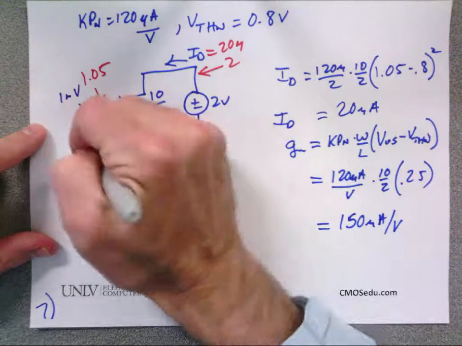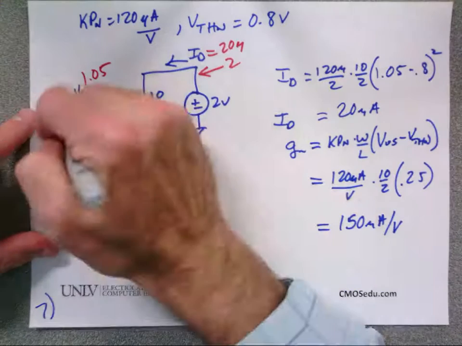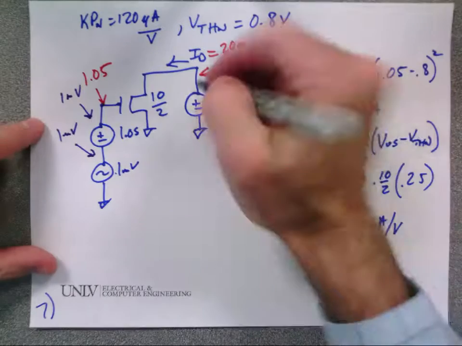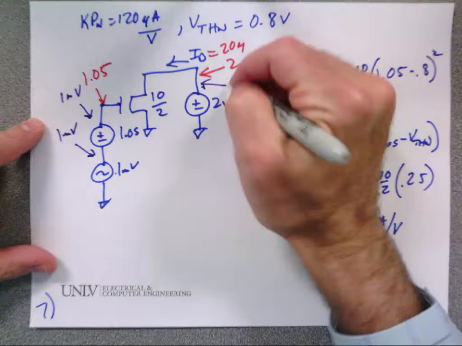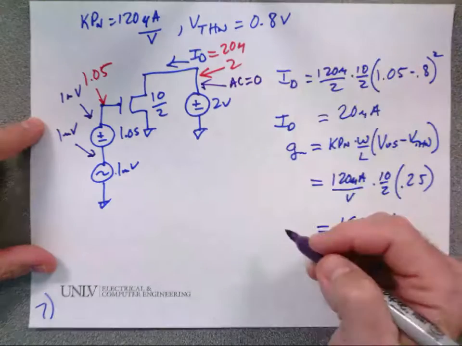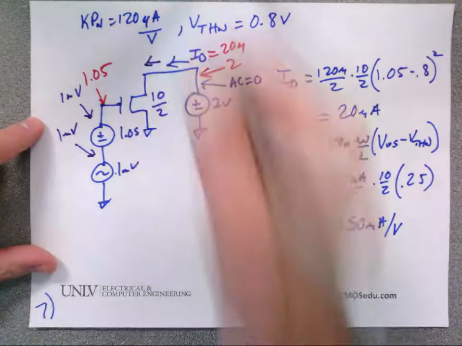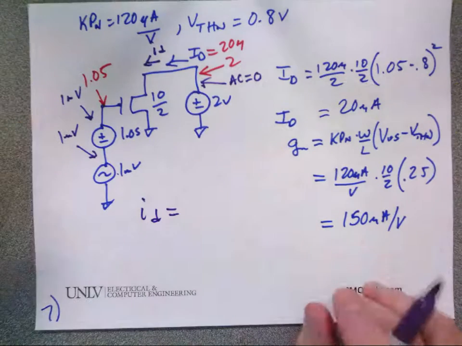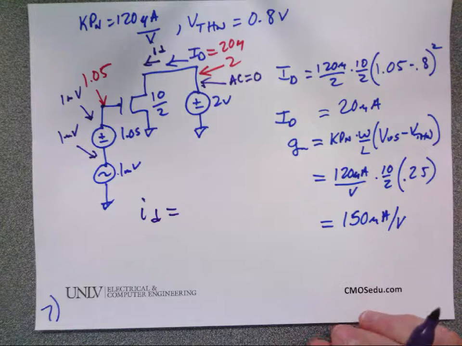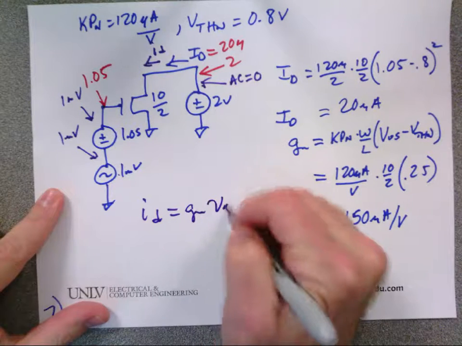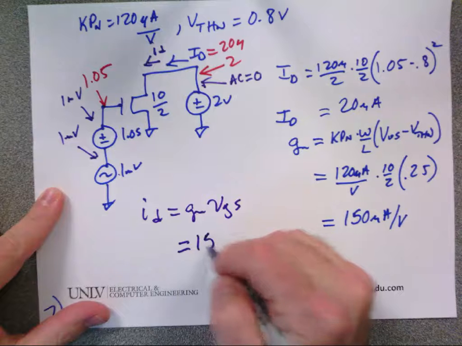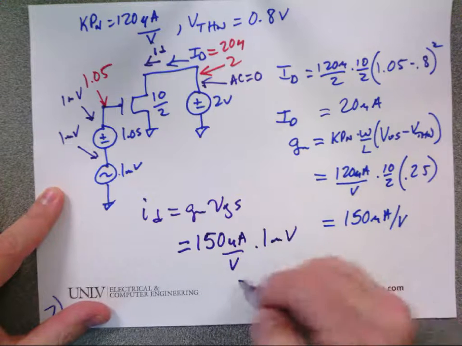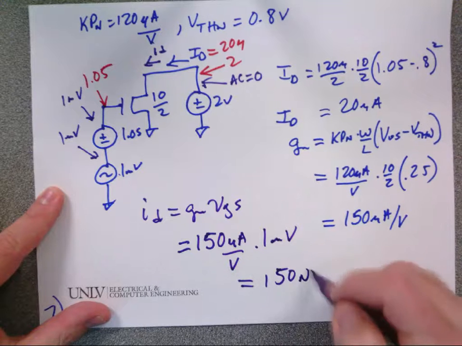What's the AC voltage there? How much AC voltage is dropped across that DC? None. What's the AC voltage there? Okay, what is the AC current that flows there? ID. I'm wiggling the valve back and forth. It's gm times vgs. In this case, it's 150 microamps per volt times 1 millivolt, which equals 150 nanoamps.